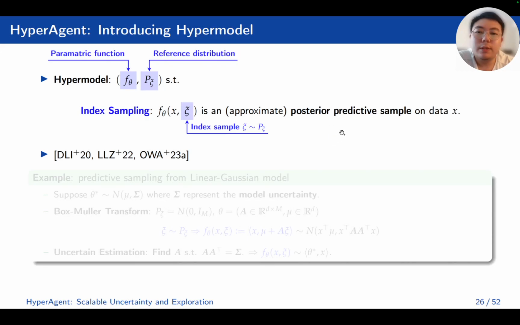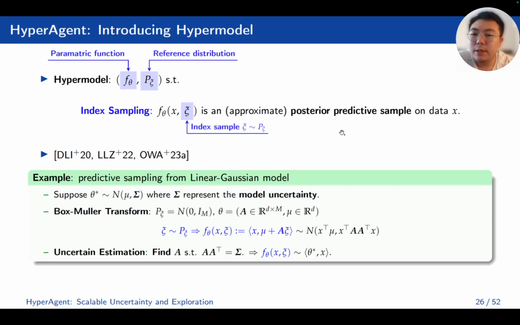An example for that is, if we want to sample from a linear Gaussian model with the parameters mu, sigma, Gaussian, then if you perform a Box-Muller transformation from a linear hypermodel, which is mu plus A times xi, then you will get a sample from x transpose mu and x transpose A A transpose x.